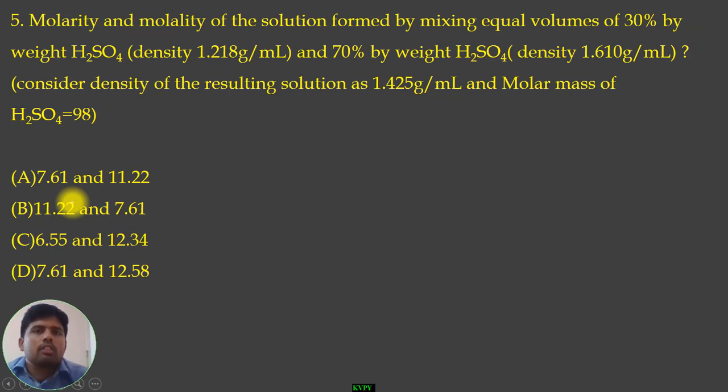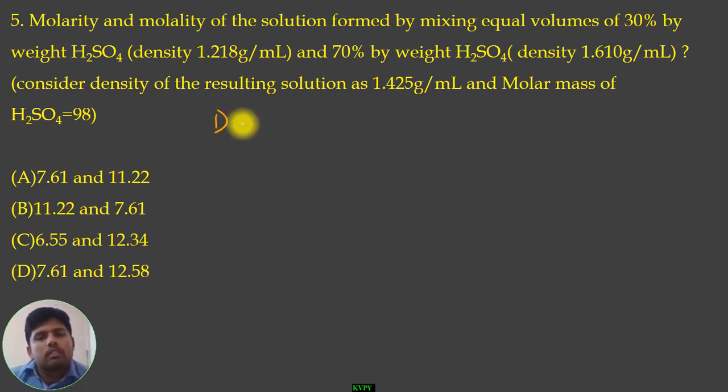Molarity and molality of the solution formed by mixing equal volume of 30% by weight H₂SO4 and 70% by weight H₂SO4. Densities are given. So this will be quite a lengthy question. Let us see.